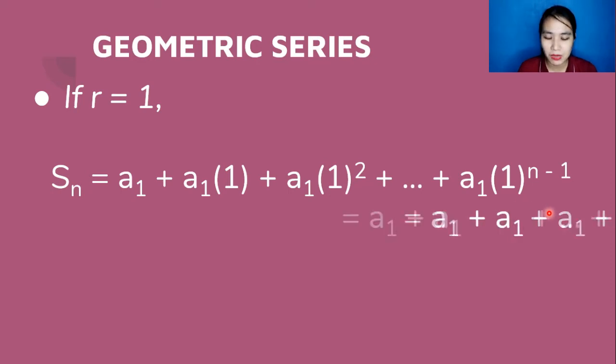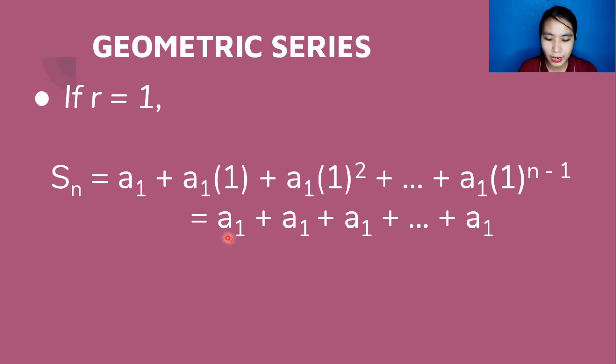Or this can be simplified: a sub 1 times 1 is equal to a sub 1, a sub 1 times 1 squared is a sub 1, plus so on and so forth, a sub 1 times 1 raised to n minus 1 is still equal to a sub 1. So given this, our S sub n will be equal to n times a sub 1.